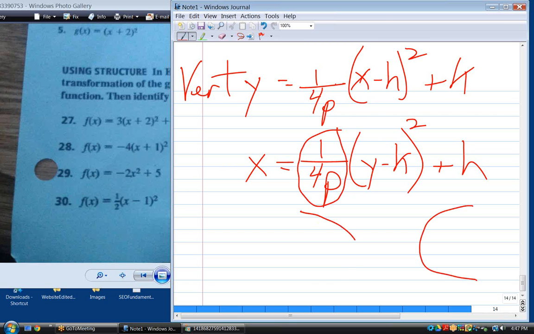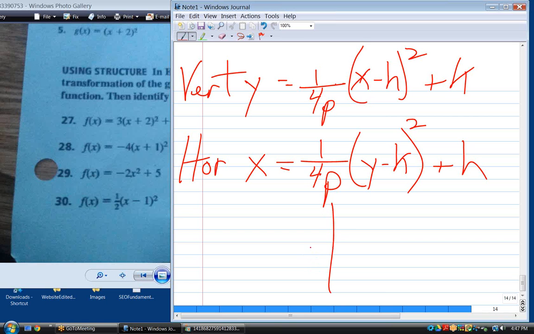If it's negative, it opens to the left. Call that a horizontal parabola. Notice that horizontal parabolas are not functions. That fails the vertical line test.